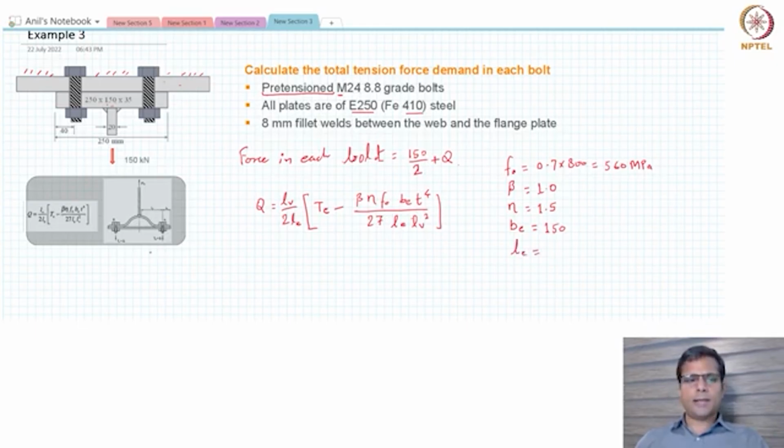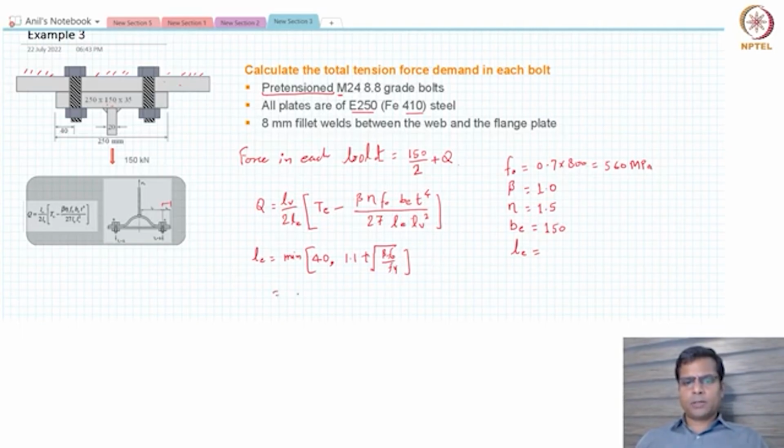LE we need to calculate. LE is given as the minimum of the edge distance, that is the distance from the center of the bolt to the edge, which in our case is 40, and there is another small expression which was mentioned in the previous slide: 1.1 times T multiplied by the square root of beta F0 divided by Fy. This Fy is the Fy of the plate, by the way.